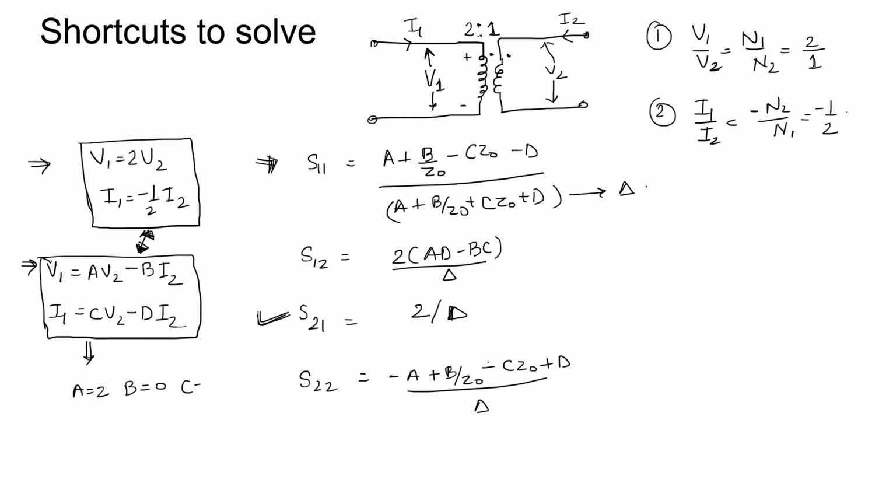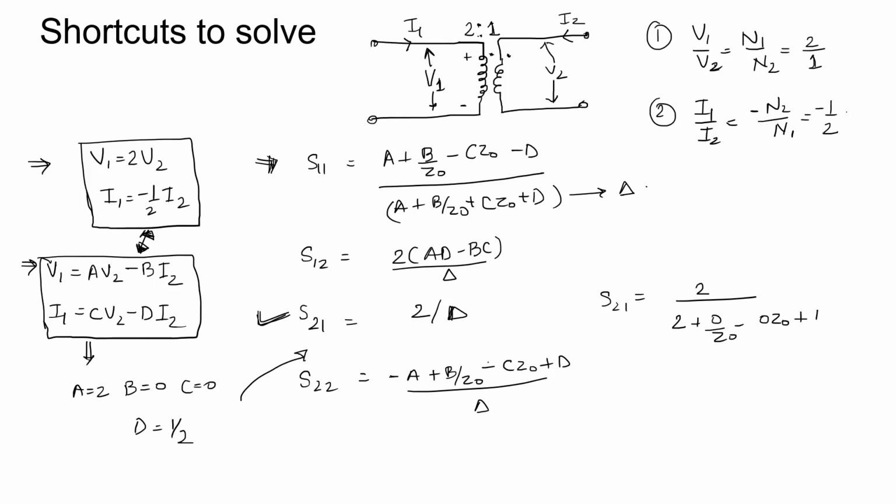So A, B, C, D are the T parameters. Now comparing these two sets of equations, simplest of the simple, we get A is equal to 2, B is equal to 0, C is equal to 0, and D is equal to half. Now just substitute these values in the equation.